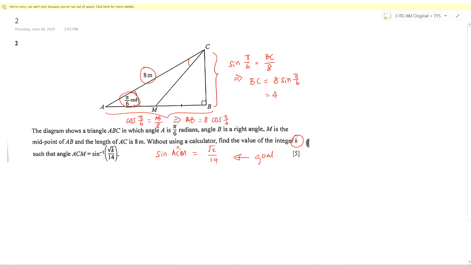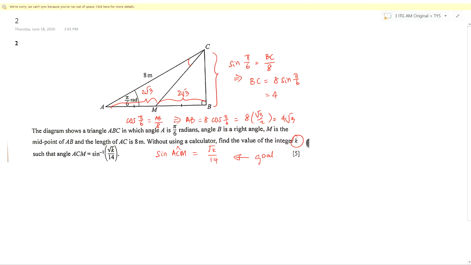Now cosine pi over 6 is actually root 3 over 2. So 8 times root 3 over 2 gives us 4 root 3. So that's the length of AB. And since M is the midpoint, then MB must be 2 root 3. And this is also 2 root 3.